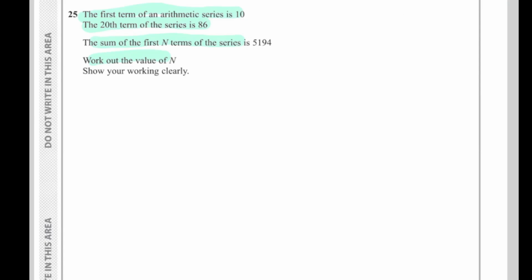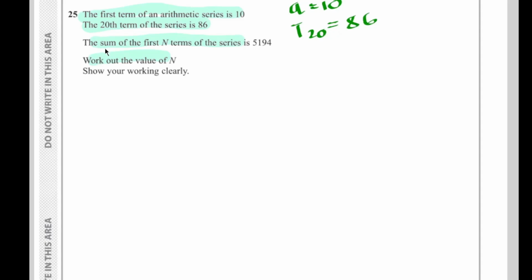Right. Let's list out the details that we've been given. The first term of an arithmetic series is 10. First term means A. A is given as 10. The 20th term of the series is 86. Here term, then you have to go ahead with Tn. 20th term, then T20 is given as 86.